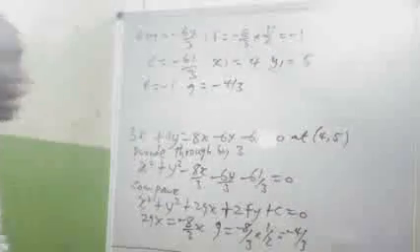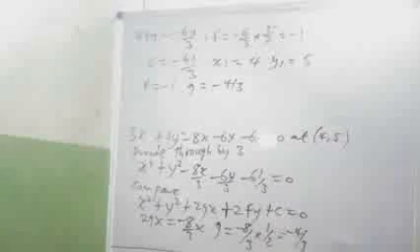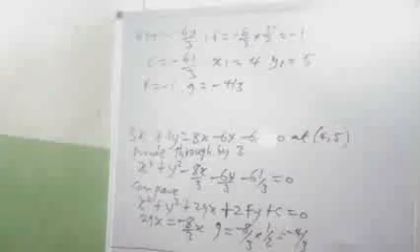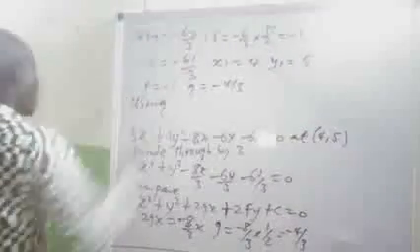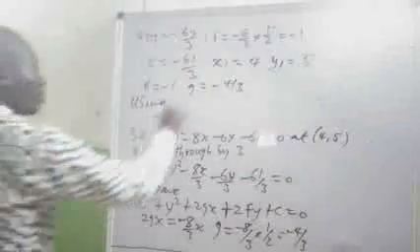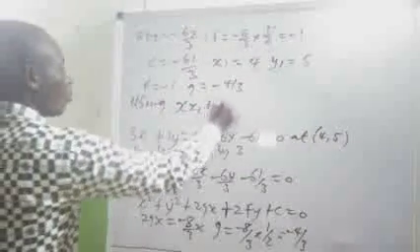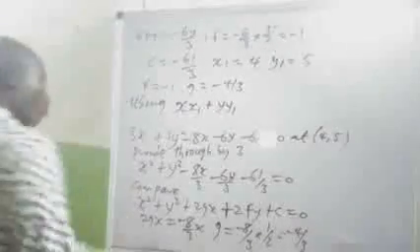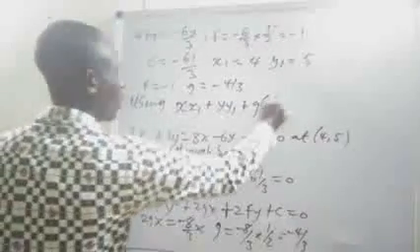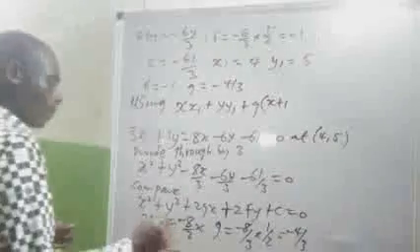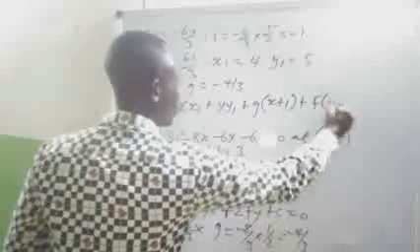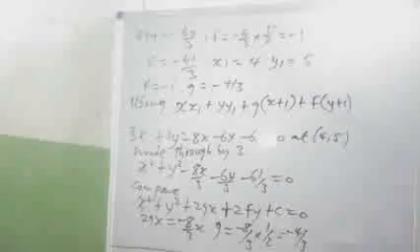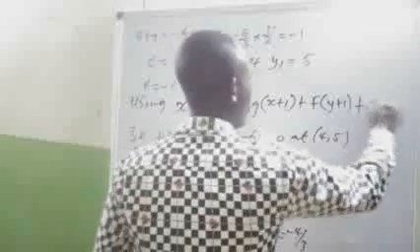So we can now use the formula, the equation of a tangent to a curve, to solve. So using the formula, x x1 plus y y1 plus g(x + x1) plus f(y + y1) plus c equals 0.